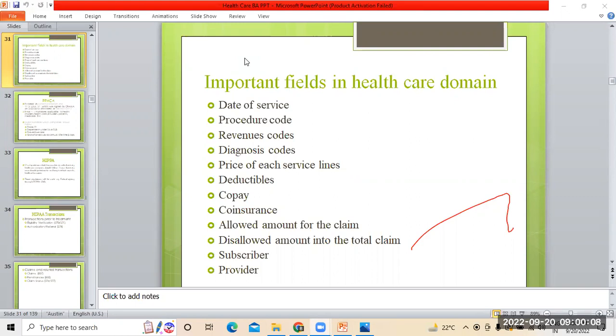We are not going mostly on theory, because business analyst is a case related role, right? If you remember from the beginning, I said a business analyst is not a coder.